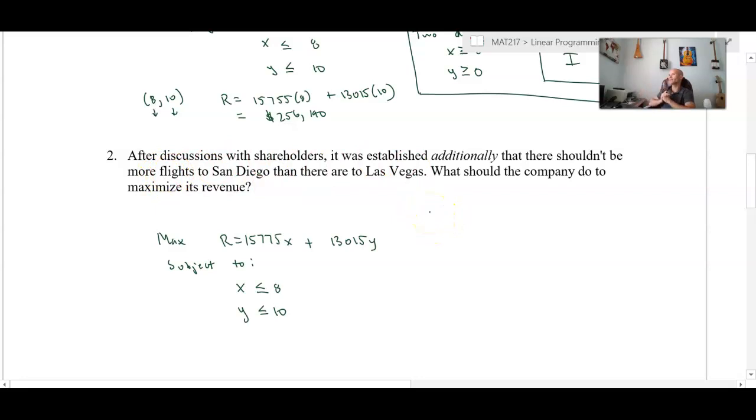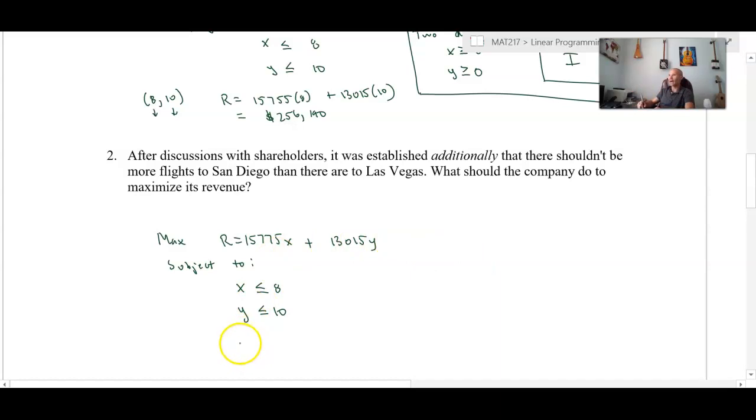So the number of flights to San Diego should be less than or equal to the number of flights to Las Vegas. There should not be more San Diego flights. So there should be at most the same number, but potentially less.